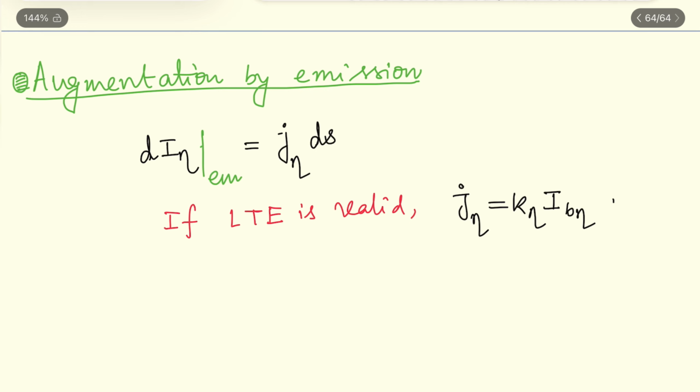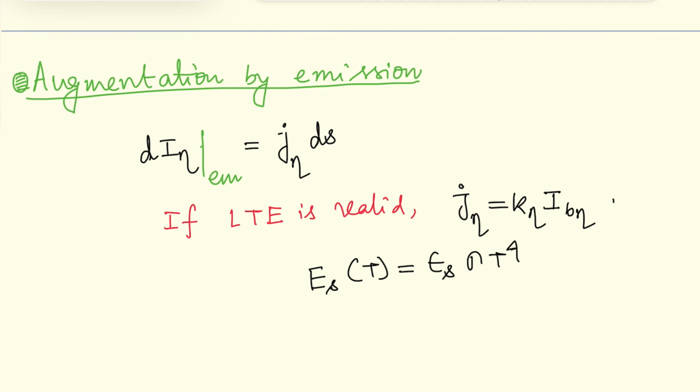For emission, when I taught you emissivity, we know that the energy emitted from a surface S at a temperature T is equal to epsilon_S, the emissivity of S, into sigma T to the power 4, that is epsilon_S into E_B at the temperature T.